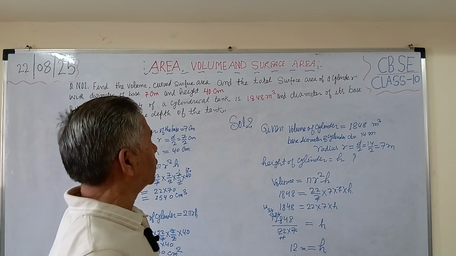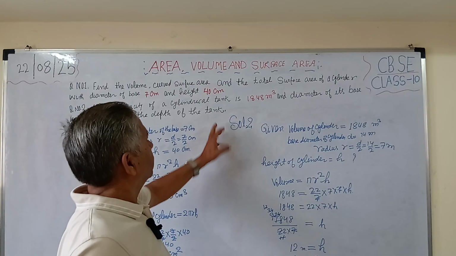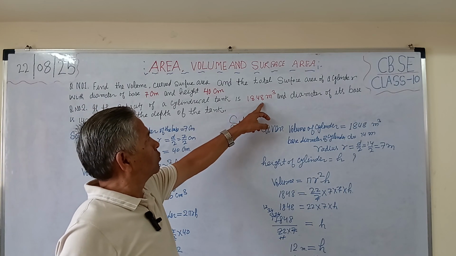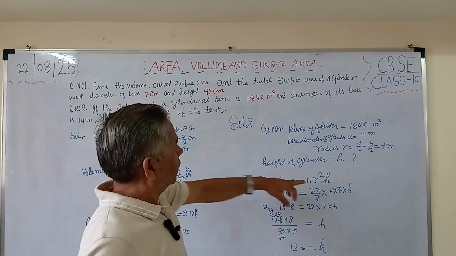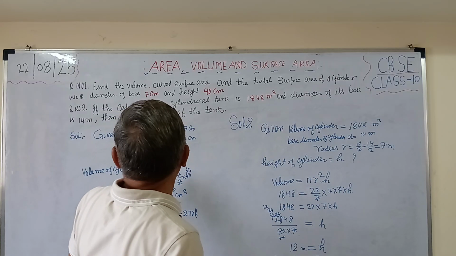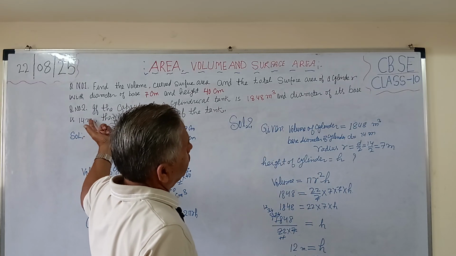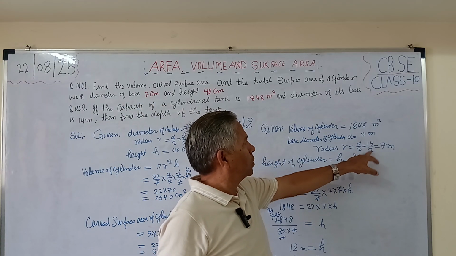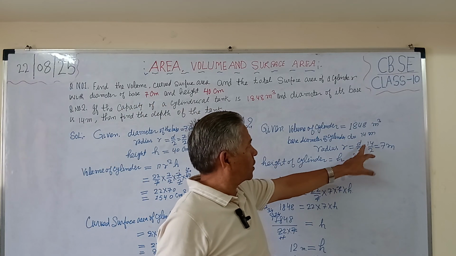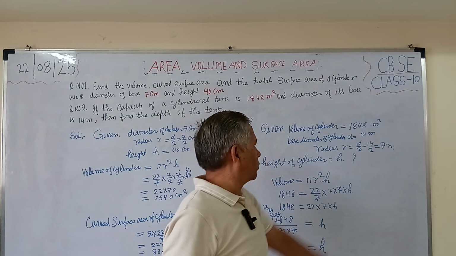So in this way we can solve the problem. If the volume is given, then we will use the formula, that is pi r square h, where h is the height of the cylinder and diameter is d, so we will convert into radius. 14 by 2 means diameter by 2 is 14 by 2, 7 meter.